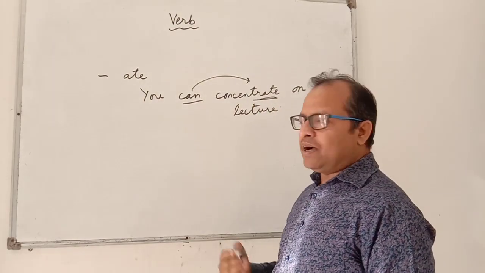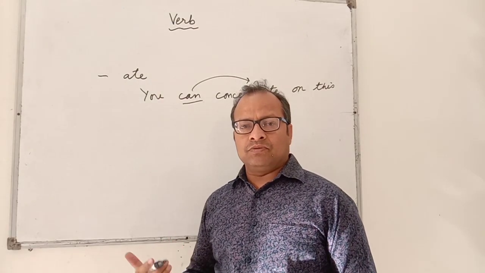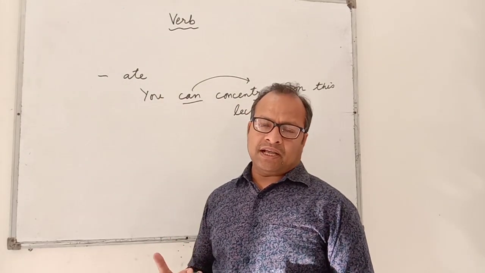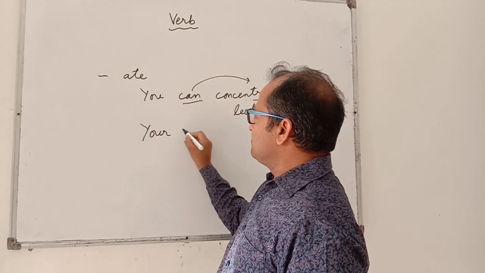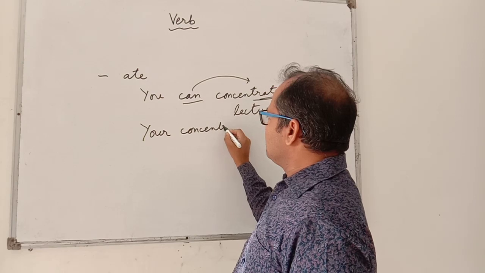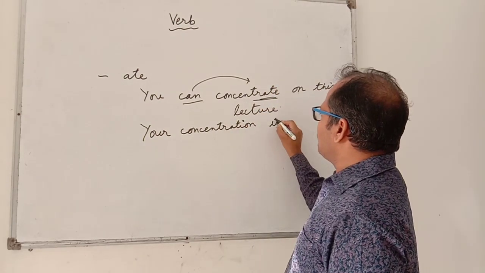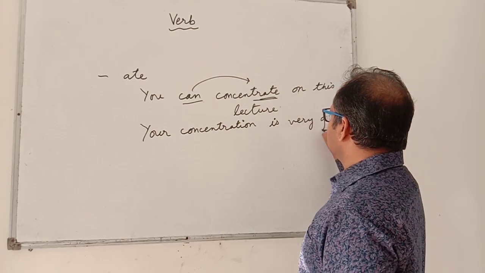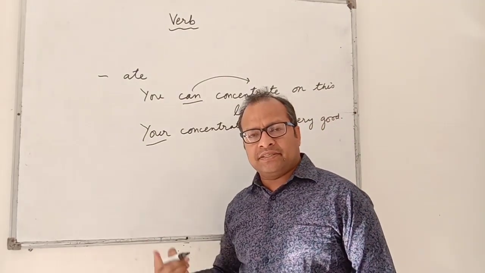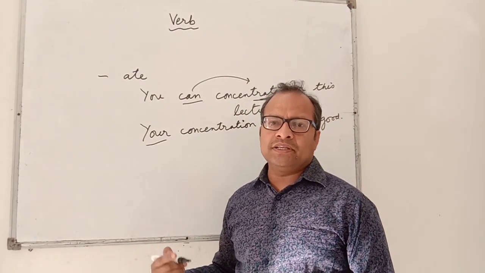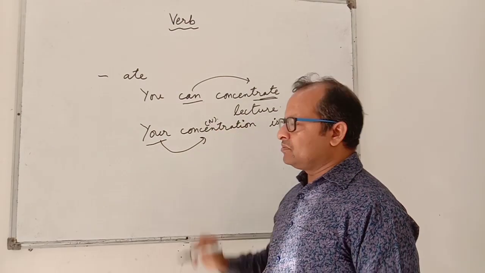Now suppose I have to use the word concentrate as a noun, then I must say your concentration is very good, because you know that after the possessive case you need to write a noun in form. So this will become a noun, right?